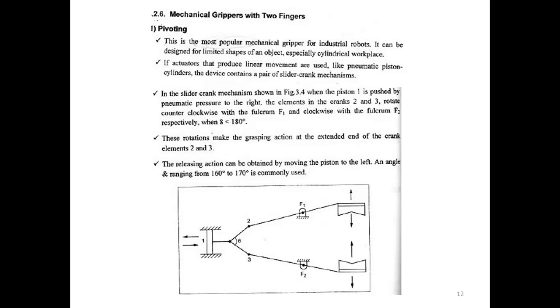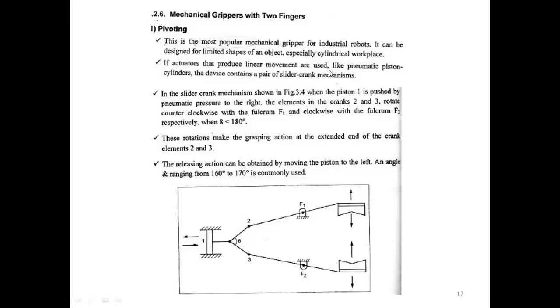And similarly, when we are talking about mechanical finger grippers with two fingers, we will have pivoting. This is the most popular mechanical gripper used for industrial robots. It can be designed to pivot, that is, to turn, rotate or work like a hinge.